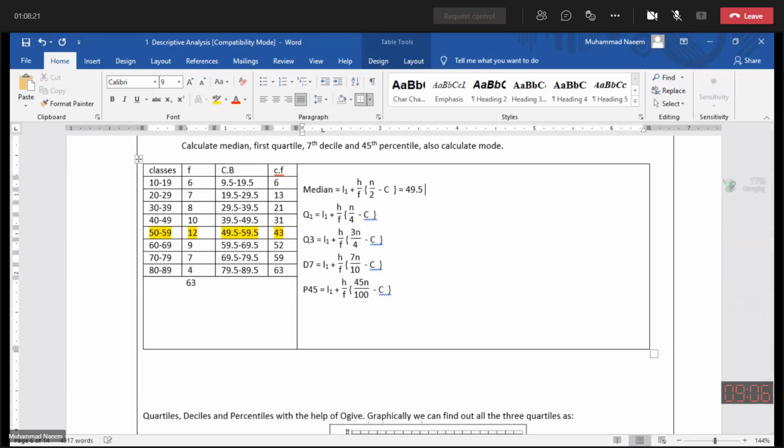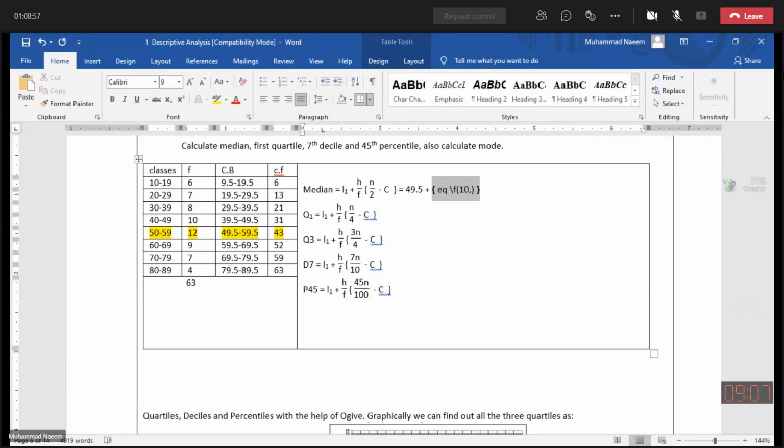Value of L1 plus H. What is H? H is the overall class width. In all these cases, the class width is 10 and it is uniform.